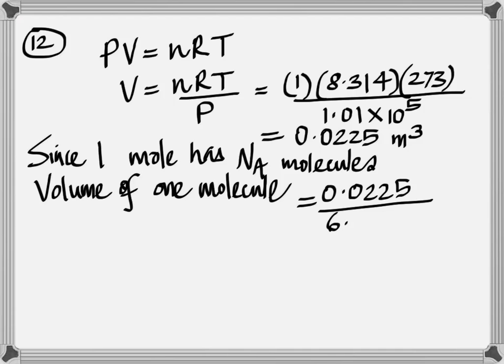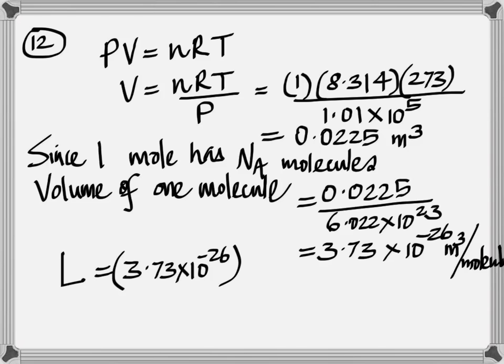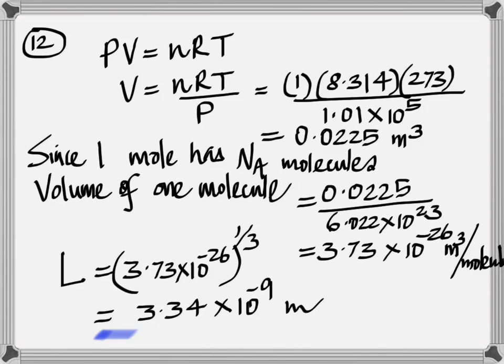So the volume of one molecule would be the total volume divided by that number. And since volume is the cube of the length, the length must be the cube root of the volume. And when you raise something to 1 over 3, it's just the same as taking the cube root.